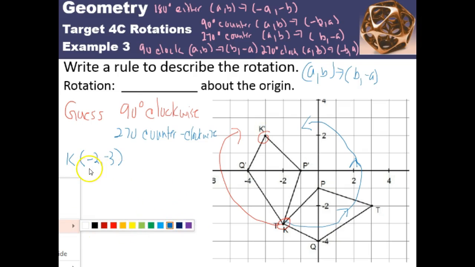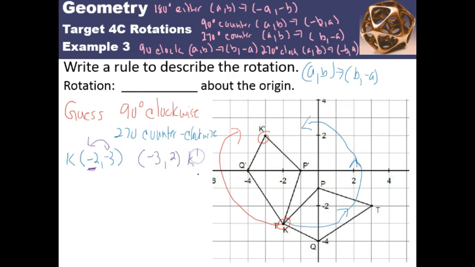Okay, so the first coordinate is going to change signs, and then they're going to trade places. So this should be -3, and then this is going to be written second, but I'm going to change it in sign, so +2. So K prime should be (-3, 2).